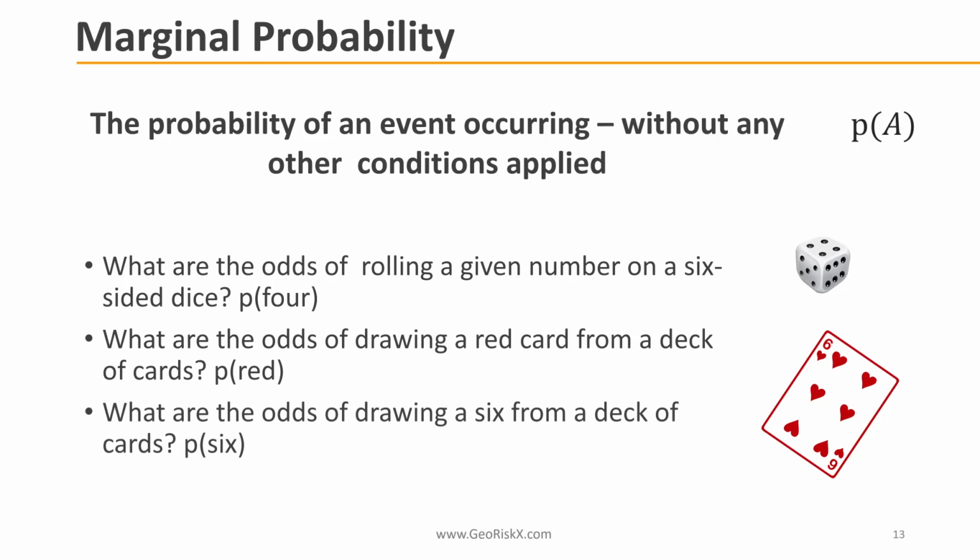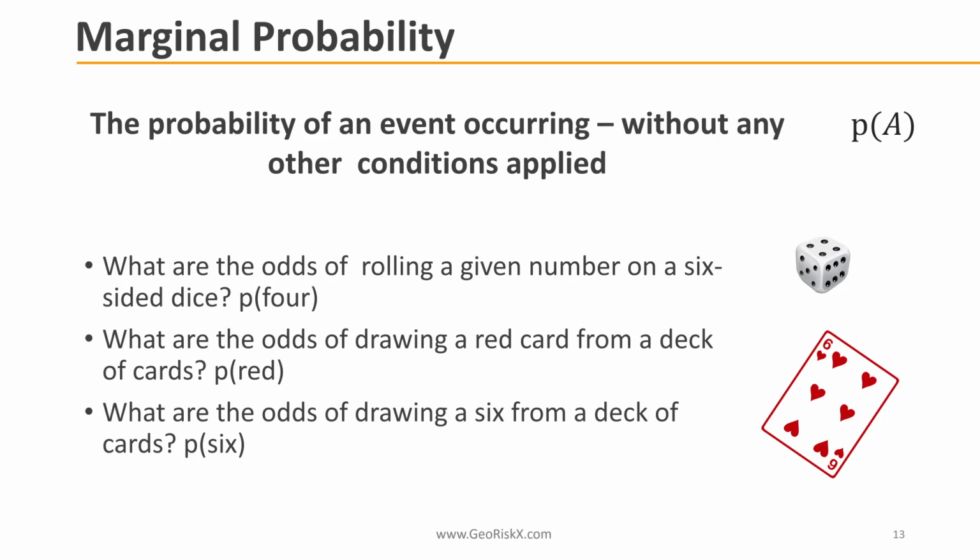Once again, there are 4 sixes, 52 cards. That is 4 out of 52, or 1 out of 13 chance. So that's your odds of drawing a 6. What about the odds of drawing a red 6? Well, there's 2 red 6s, so you have a 2 out of 52 chance, or 1 out of 26.